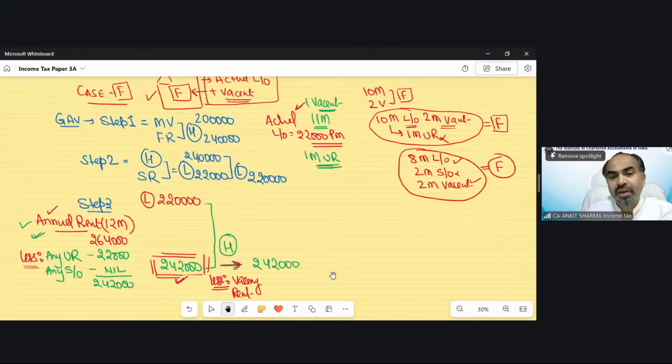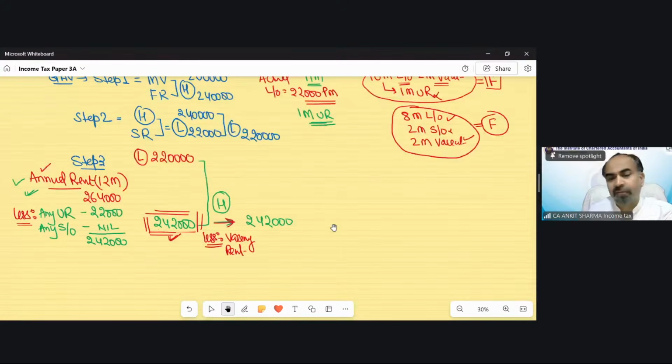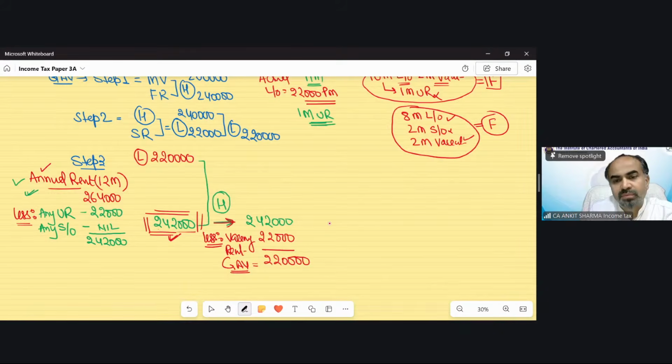So now you can reduce the vacancy rent from this value also, and that would be 2,20,000. Now this is called GAV. Understood? This is the GAV.